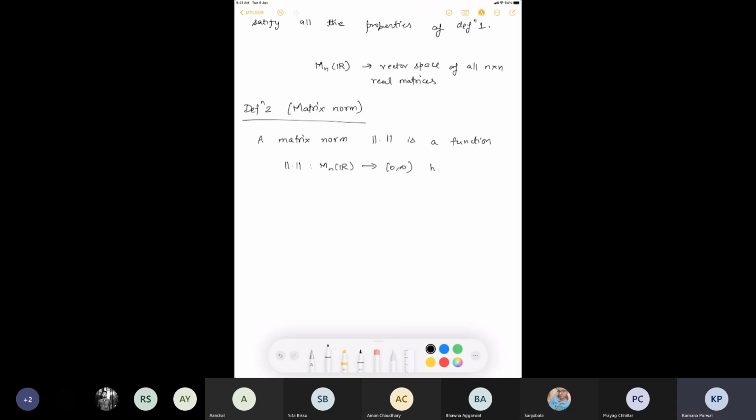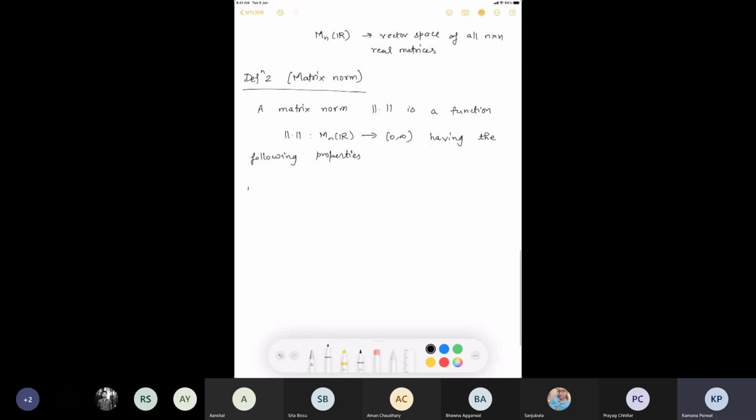Okay? And this has the following properties. The first property is that the norm of any matrix has to be greater than or equal to 0. And it is equal to 0 if and only if A is equal to 0.